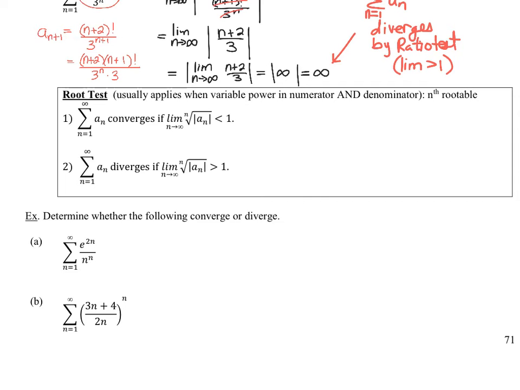There are exceptions to everything, but generally you'd have to have an nth power both top and bottom of a fraction, or it would have to simplify in such a way that an nth power would emerge in the top and bottom of a fraction. If that happens, it's very simple. What you're going to do is take the nth root, the absolute value, and then find the limit.